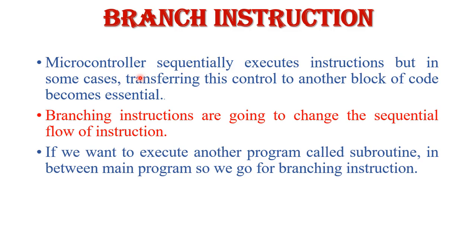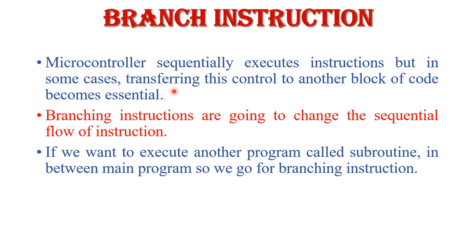Branching instructions in the 8051 microcontroller change the sequential flow of the main instructions, or we can say that branching instructions alter the sequential flow of instructions. If we want to execute another program in between the main program, that is called a subroutine, so we go for branching instructions.